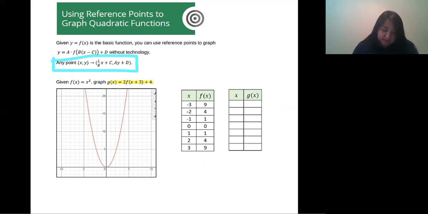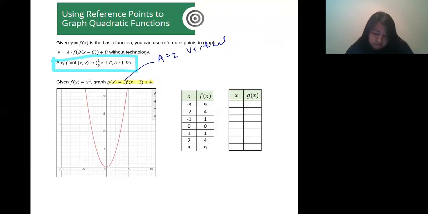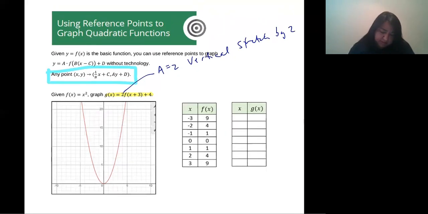So let's break down what's happening. The 2 is my a value. If you remember, that is a vertical stretch or dilation by a factor of 2. I have no b value, but my c value here, when it's +3, actually means my c value is -3.